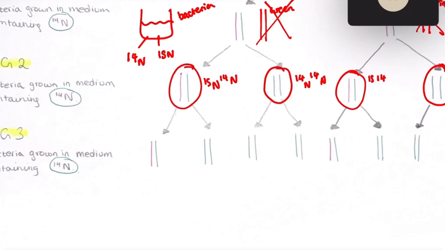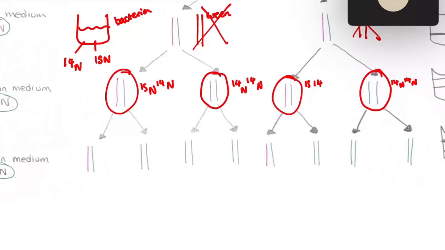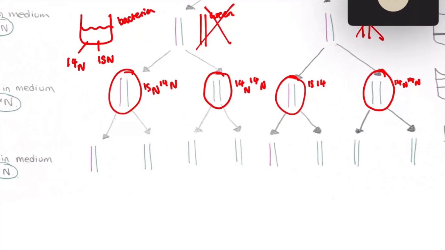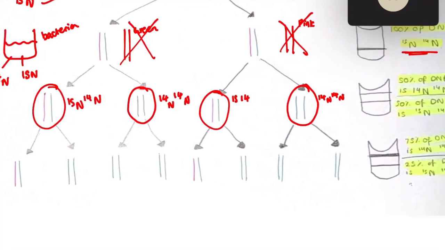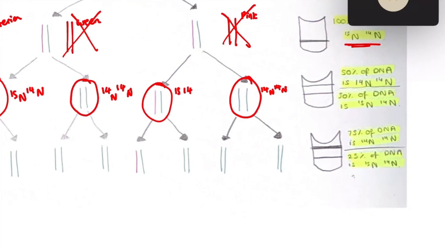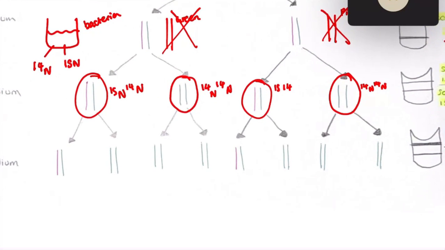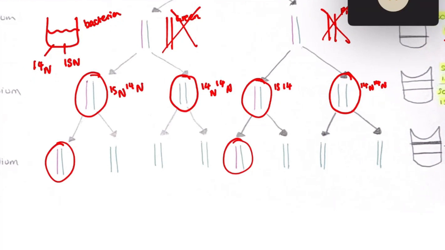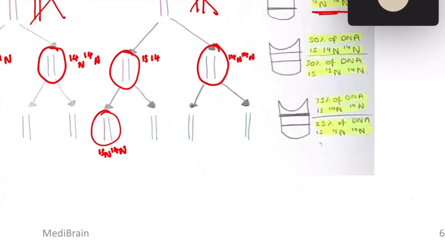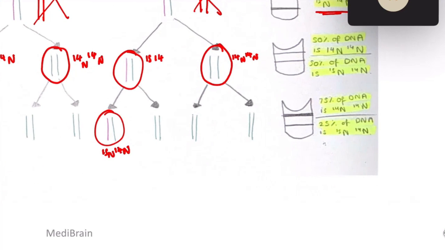Now over here, we grow it in another medium of 14N, and this time the same thing happens. The strands split and the 14N is incorporated. Another green line is incorporated. This time 25% of the DNA is 15N, 14N. This is the heavier DNA, because it contains the 15N, and because you only have 25% of it, we have a thin line over here on the centrifuge.